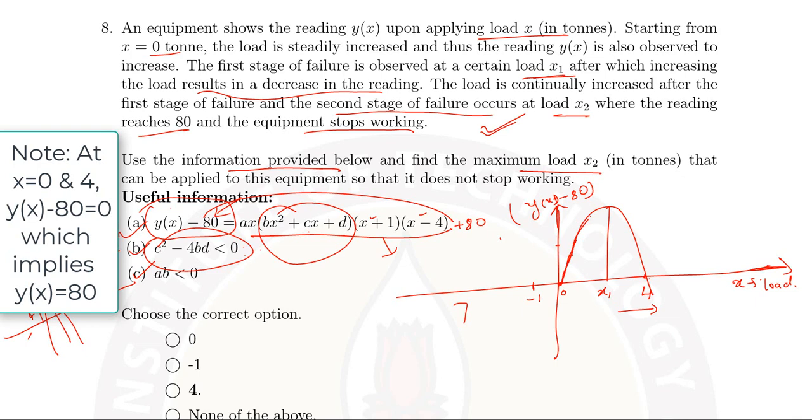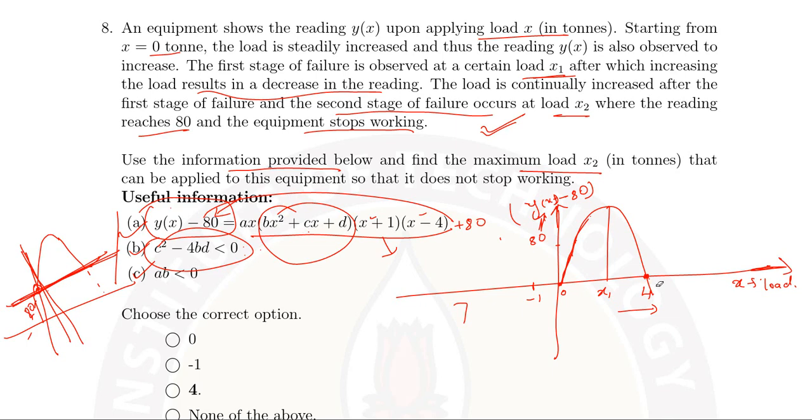That is when y of x becomes equal to 80. So this becomes 80 minus 80, which is nothing but 0, which is this point, right? And there won't be any extension of this curve further, because even if you increase the load, there won't be any reading in the equipment. So this part is also erased.